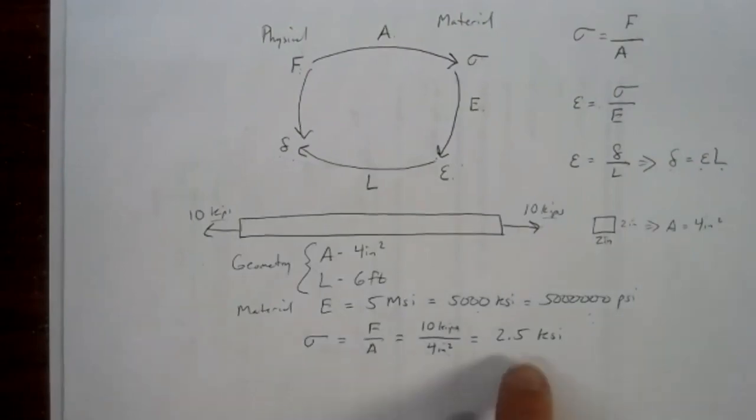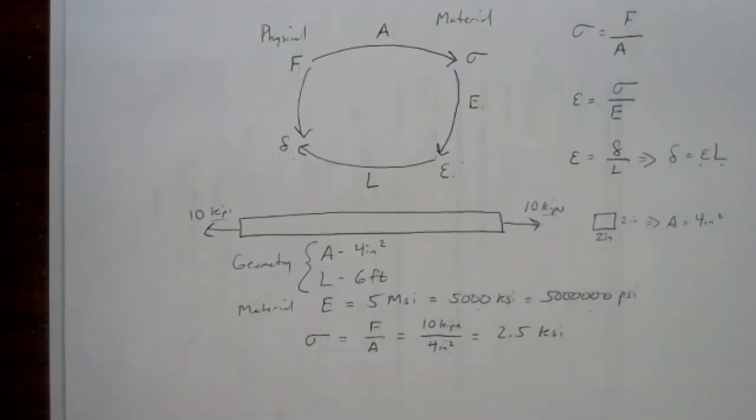If I've done this calculation and I found my stress is 2.5 KSI, that gives me an opportunity to check and make sure that that's a reasonable amount of stress to have on this material. If this material is wood, southern yellow pine, maybe 2.5 KSI is too much, and this thing's going to break. If that's above its ultimate stress, I can't use that material. And people have gotten themselves into trouble.